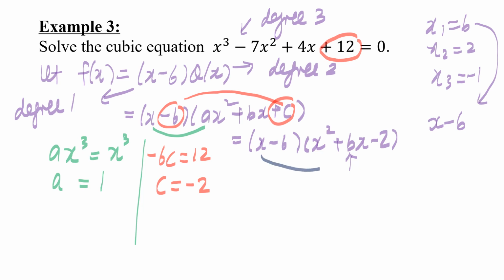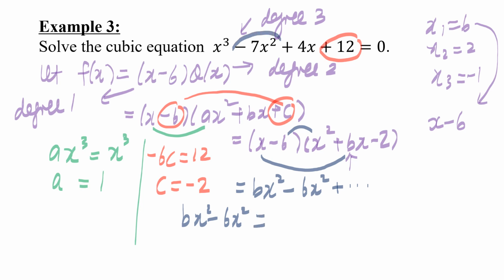I take x times bx, add negative 6 times this. Therefore bx squared minus 6x squared will equal this term here, and you divide by x squared throughout. b minus 6 will give you negative 7, so b will be negative 1.